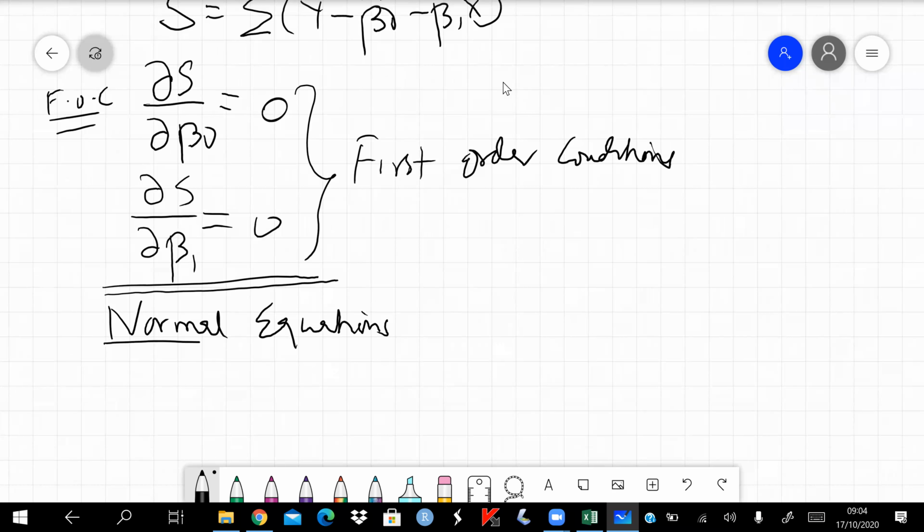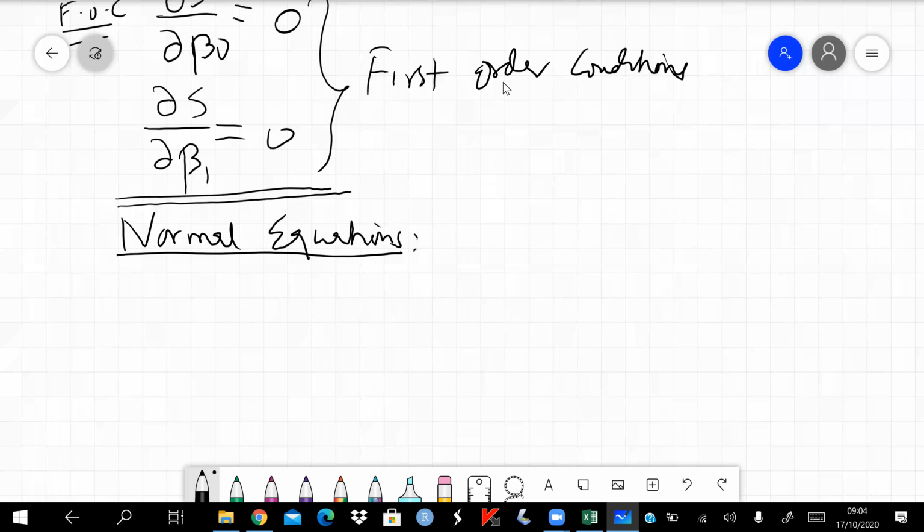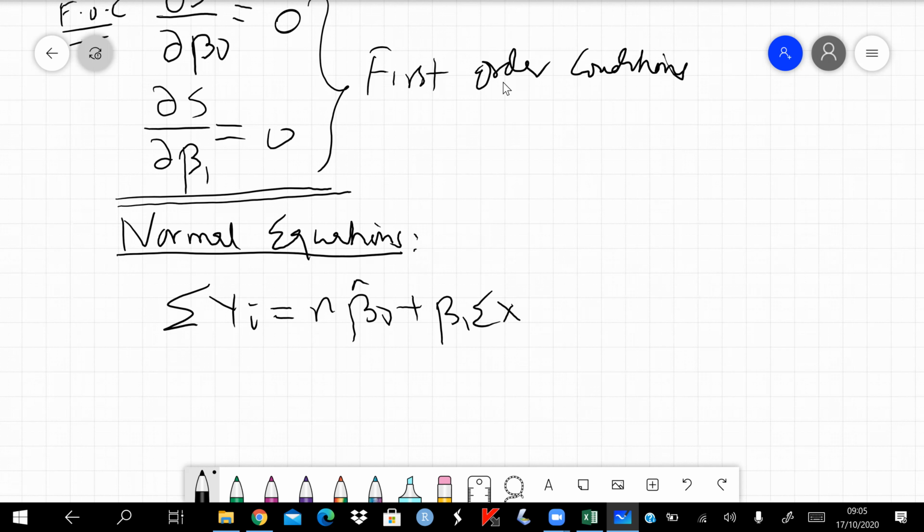I suspect you are very much familiar with normal equations, where the first normal equation will look like this: summation of yi is equal to n beta naught plus beta 1 summation of x.